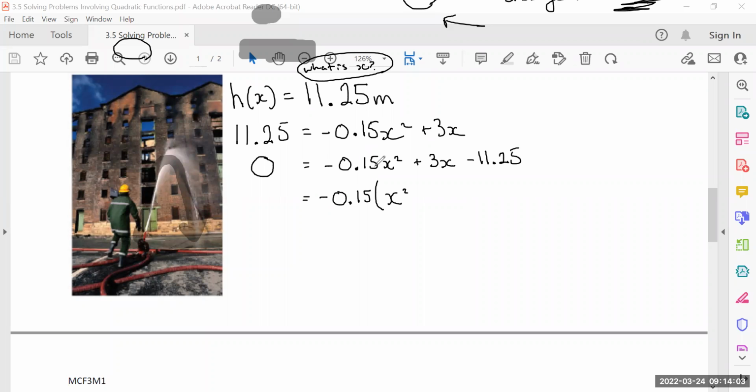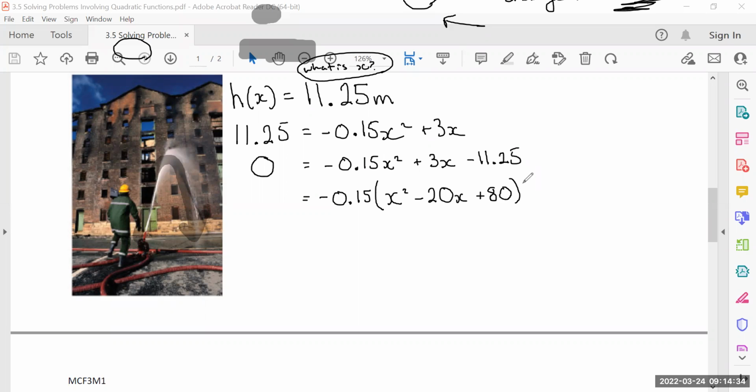Because if I do, all of a sudden it becomes a simple trinomial. So negative 0.15 divided by negative 0.15 is a 1, right? 3 divided by negative 0.15, you plug that into the calculator, I believe you get negative 20x. And negative 11.25 divided by a negative 0.15, I think you get a positive 80.